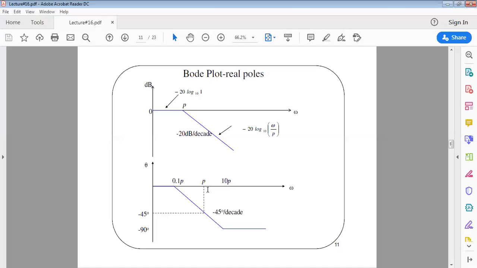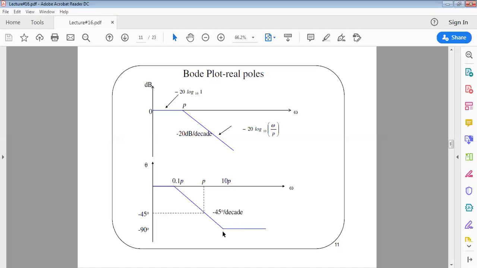Okay, so again, I repeat, when we have a real pole case, your amplitude plot will look like this: 0 dB until the pole value, and then we are going to have a slope of negative 20 dB per decade for a value of frequency higher than the pole value.